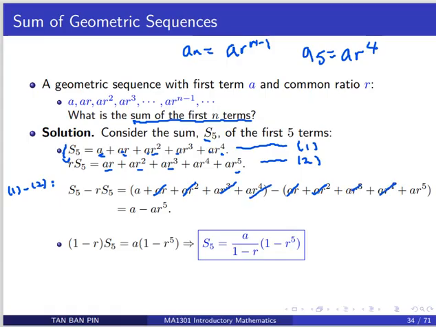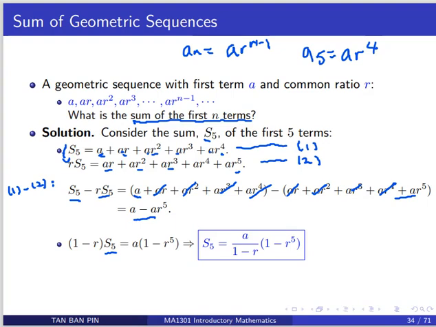So we are left with a and ar to the power 5. And by the way, S5 is a common factor you can take out. So take out S5, then we are left with 1 here and r on the second term.